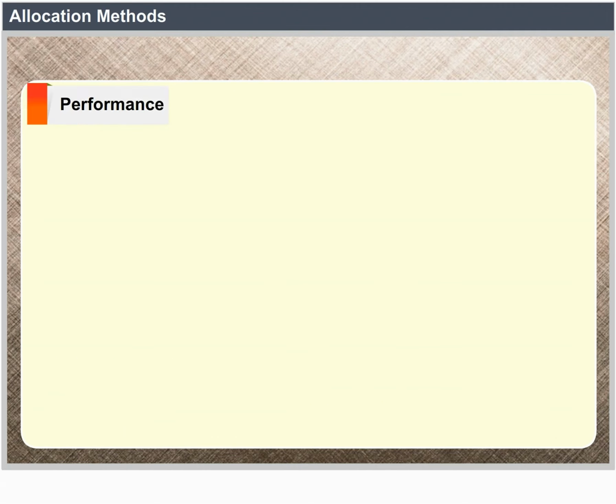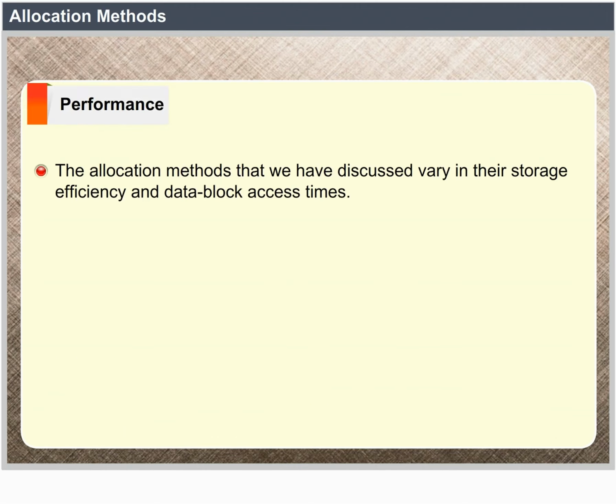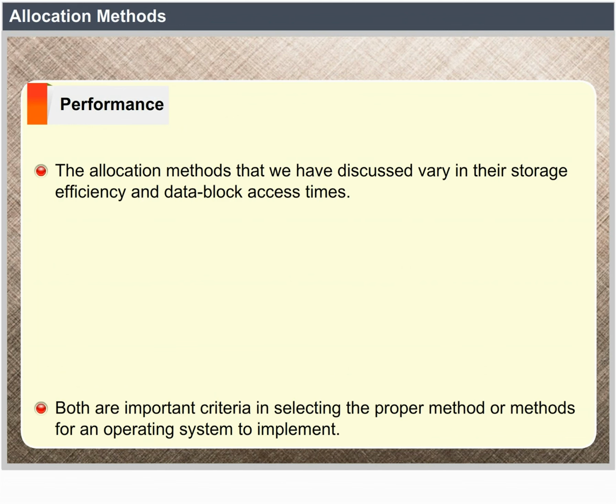Performance. The allocation methods that we have discussed vary in their storage efficiency and data block access times. Both are important criteria in selecting the proper method or methods for an operating system to implement. Before selecting an allocation method, we need to determine how the systems will be used.